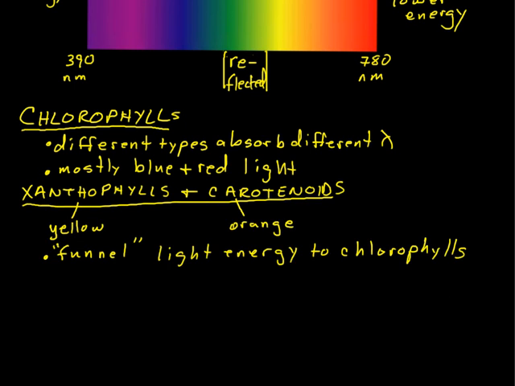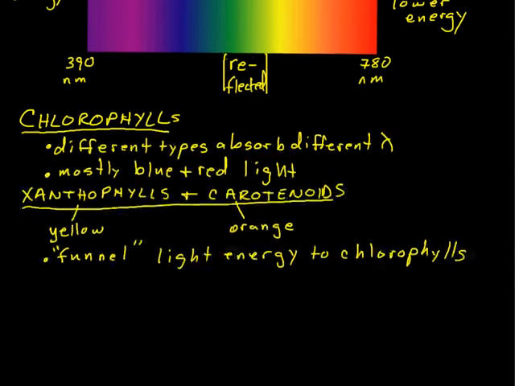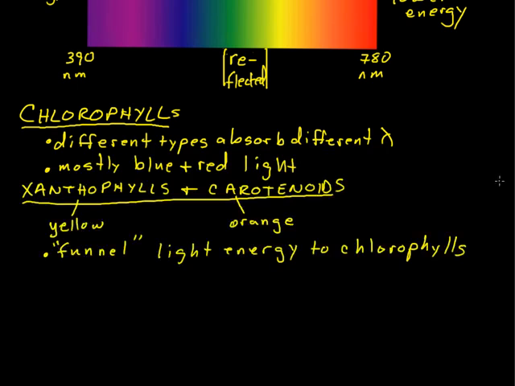In a nutshell, these three main types of pigments are absorbing at different wavelengths here. And when we add them up together, rather than just having one type of pigment, when we add the various types of chlorophylls, which are absorbing mostly from blue to violet into the blue-green part of the spectrum, and in this over here in this red part of the spectrum, and then we add to that the yellow and the orange pigments, that further expands the wavelengths that the photosynthetic pigments can absorb.